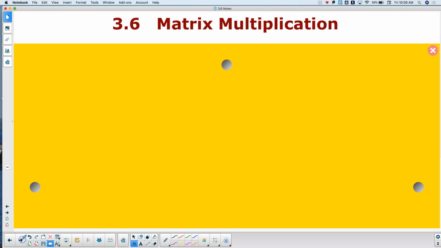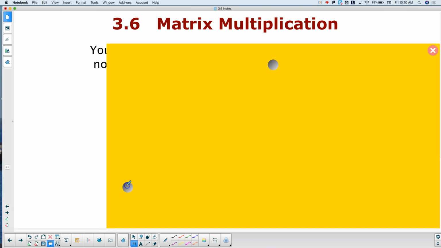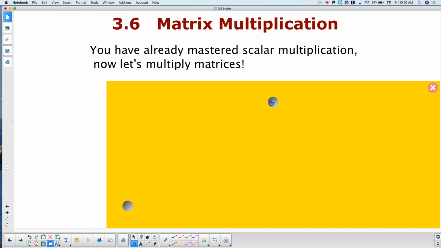So let's dive in head first into matrix multiplication. Our first step is different than yesterday's scalar multiplication. Scalar multiplication, remember, is just distributing it in. Now we're actually taking a matrix times a matrix.